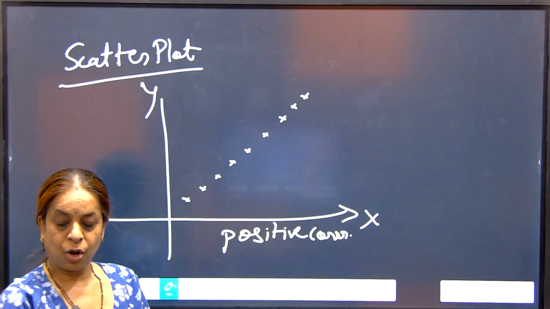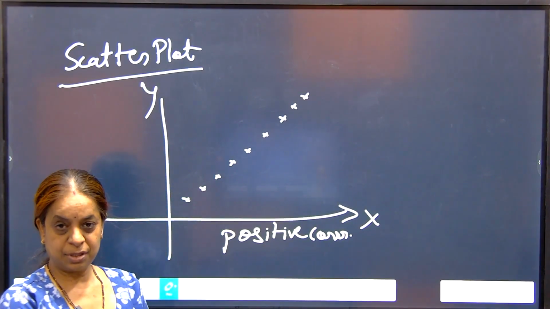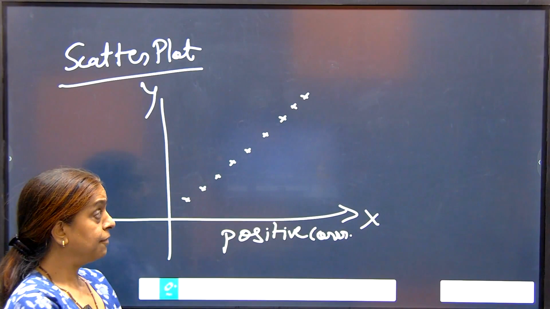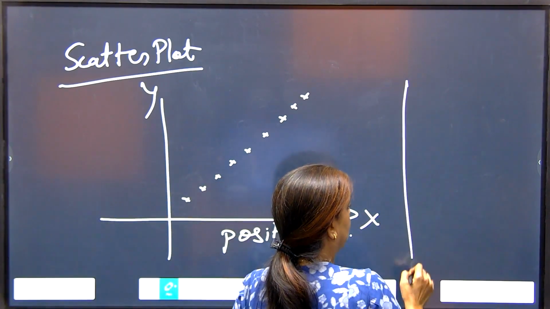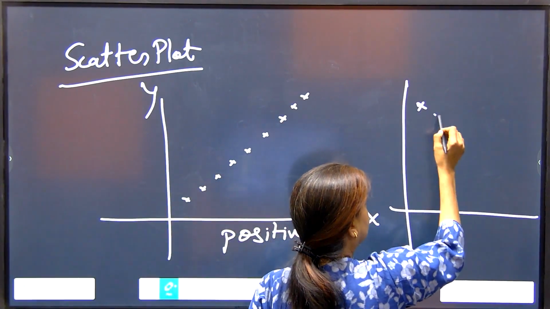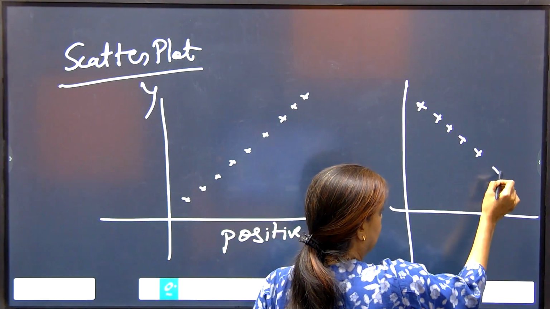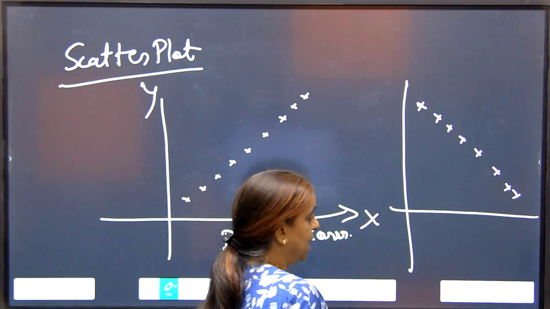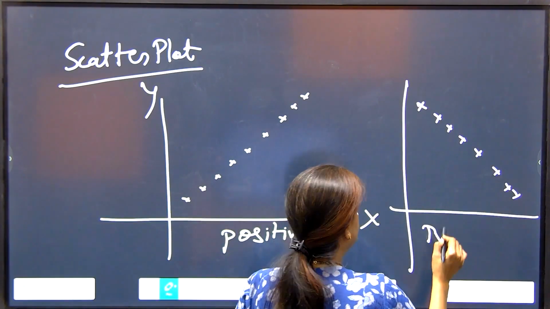But will I always get this kind of shape? No. It may vary. It depends on the data. Suppose if I get this kind of straight line after plotting the data, then this is an indication of negative correlation.